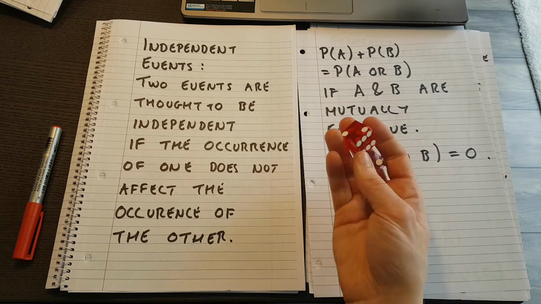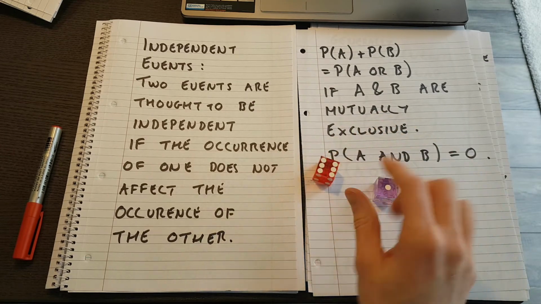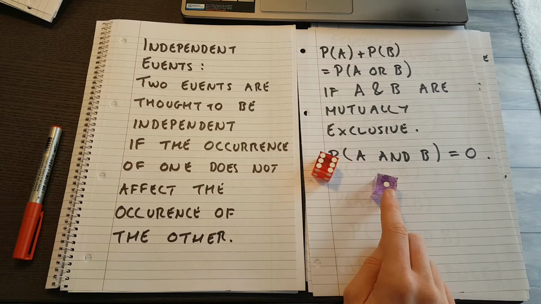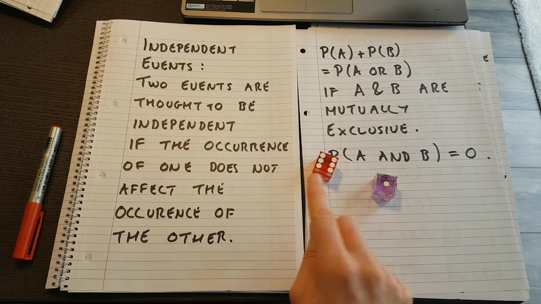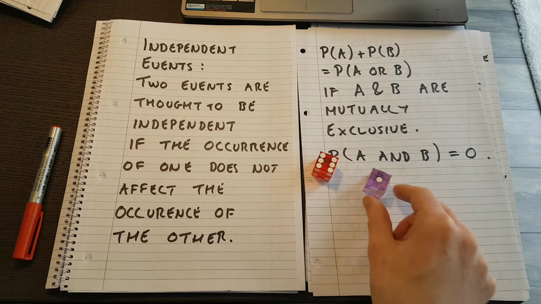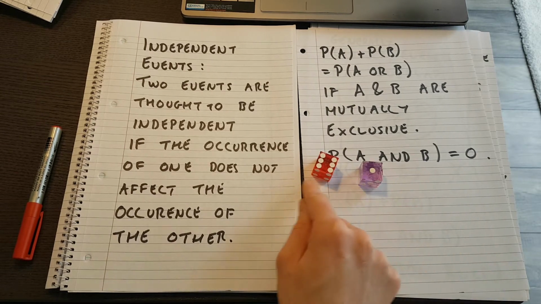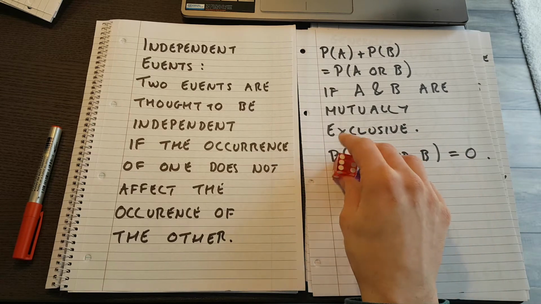Does the outcome of the red die in any way affect the outcome on the purple die or vice versa? The answer we expect is no. Why? Because there's no magnetism between these.